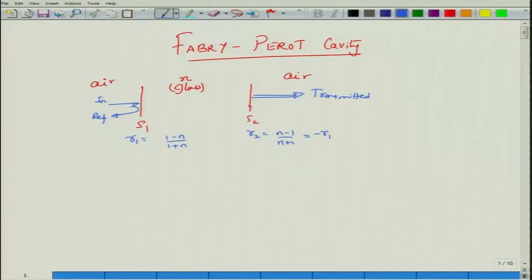So what is a Fabry-Perot cavity? It was built by the scientists Fabry and Perot, and the cavity essentially consists of a single medium, maybe a glass tube having glass of refractive index n and surrounded by a medium of air. In a practical version of this Fabry-Perot cavity, there is actually a short mirror.